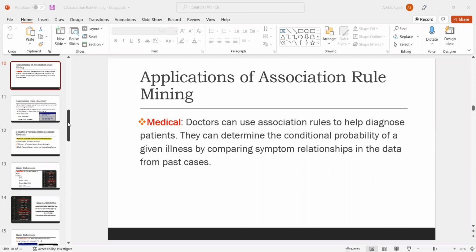Did you notice that some ISPs, internet service providers or telecommunication service providers, give some promotions in festival times for talking abroad? Am I correct?